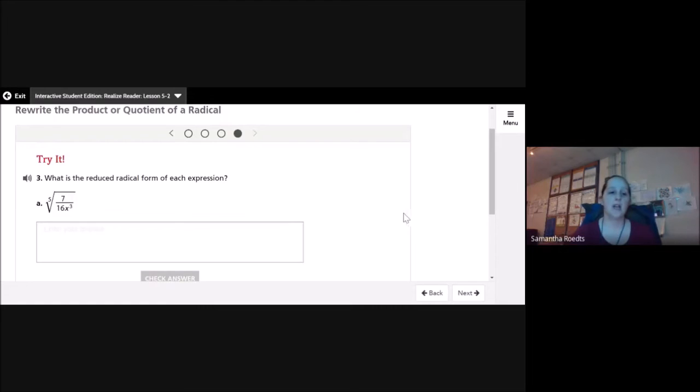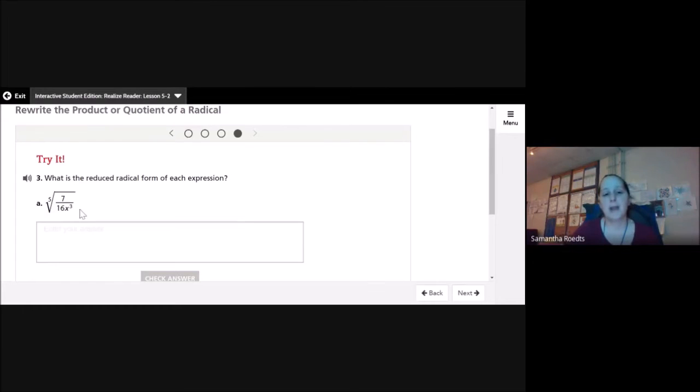All right, so let's try it. What is the reduced radical form of each expression? The fifth root of 7 over 16x cubed. 2 to the 5th is 32, so that doesn't work.